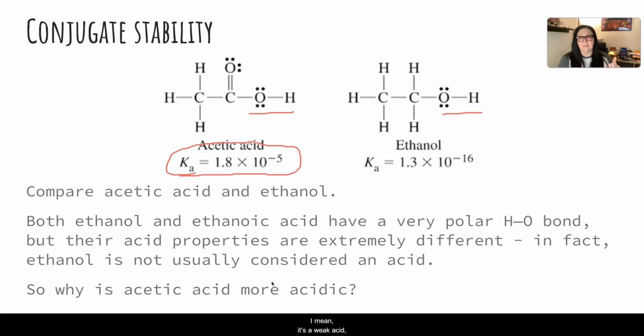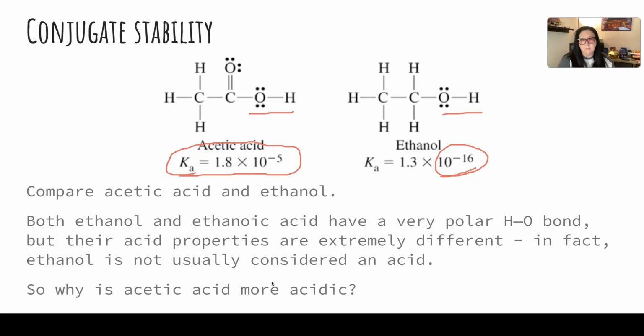It's a weak acid, but that's not a terrible Ka value. That's on the higher range of weak acids. 10 to the -5 is not that bad. But ethanol, 10 to the -16. This little dude is not even considered an acid. This guy is not going to act like an acid at all.